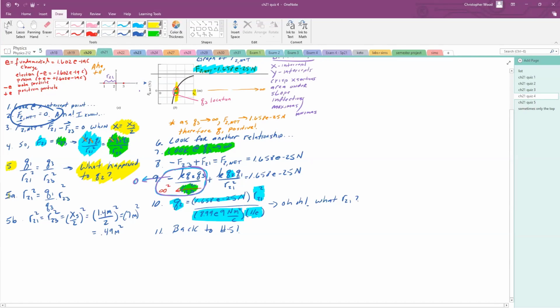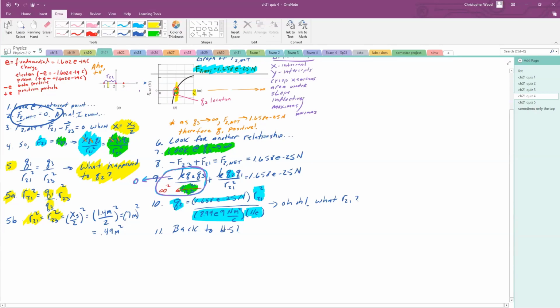So from 5, I went to 5A, and if I rearrange statement 5 correctly, I would say R21 squared equals Q1 over Q3 times R23 squared, which means R21 squared equals R23 squared.